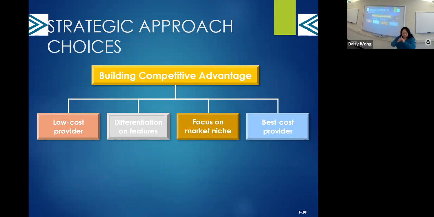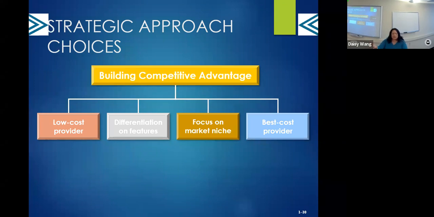The first one is called cost efficiency or low cost strategy. Based on its literal meaning, it's low cost. That's one strategy a company can use, like Walmart. Walmart is famous for low cost every day, right? It's their policy or their slogan.